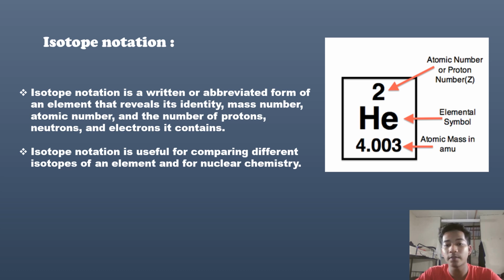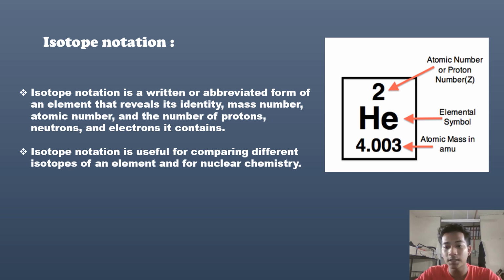It can be expressed as the name of the element followed by a dash and the mass number, or as the element symbol with the mass number as a superscript and the atomic number as a subscript. The atomic number can sometimes be omitted if it is the same for all isotopes of that element. The number of neutrons can be calculated by subtracting the atomic number from the mass number.